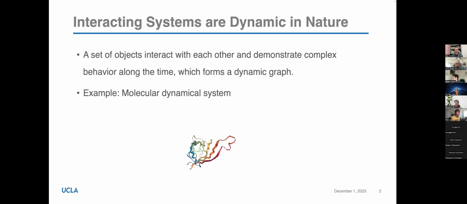They may interact with each other, and they can show very different behavior along time, and it will generate a dynamic graph. Here we give an example like a molecular dynamic system. We can see they are dynamic, and their interaction is also dynamic. Here, we will talk about how to model these interacting systems.